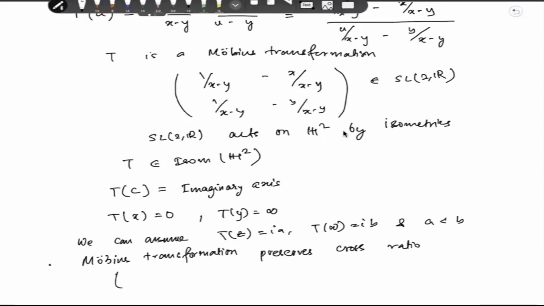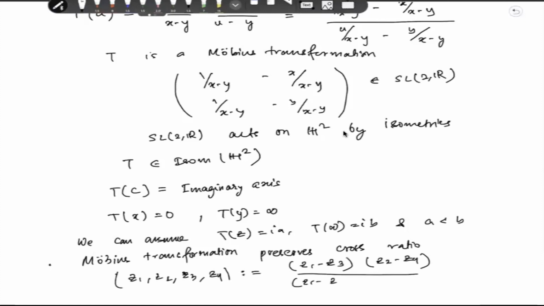So what is the definition of cross ratio? For Z1, Z2, Z3, Z4 in the complex plane, it is defined to be (Z1 minus Z3)(Z2 minus Z4) divided by (Z1 minus Z4)(Z2 minus Z3).